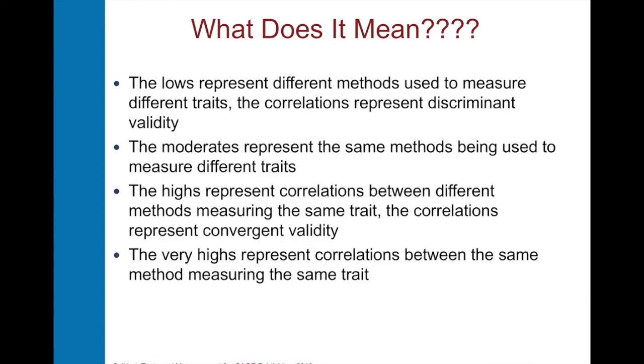Here is a slide that basically summarizes all of what I just talked about. And so just know that at the end of the day, the fundamental logic behind the multi-trait, multi-method matrix is that correlations between different methods being used to measure the same traits should be higher than the correlations where you're using the same method measuring different traits.